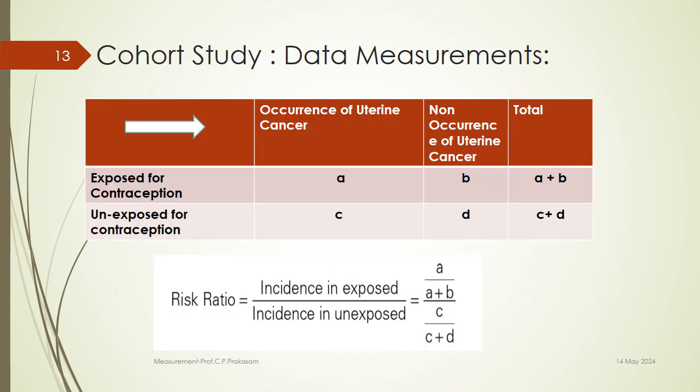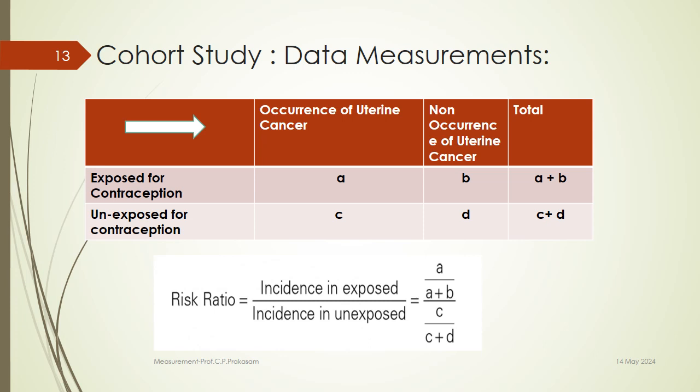Let us start with an example of cohort study data measurement: the occurrence of uterine cancer and exposure to contraceptives. The idea is that those who are exposed to contraception are likely to have uterine cancer. In this exposure, we identify the persons who are using contraception and those who are not exposed to it initially.